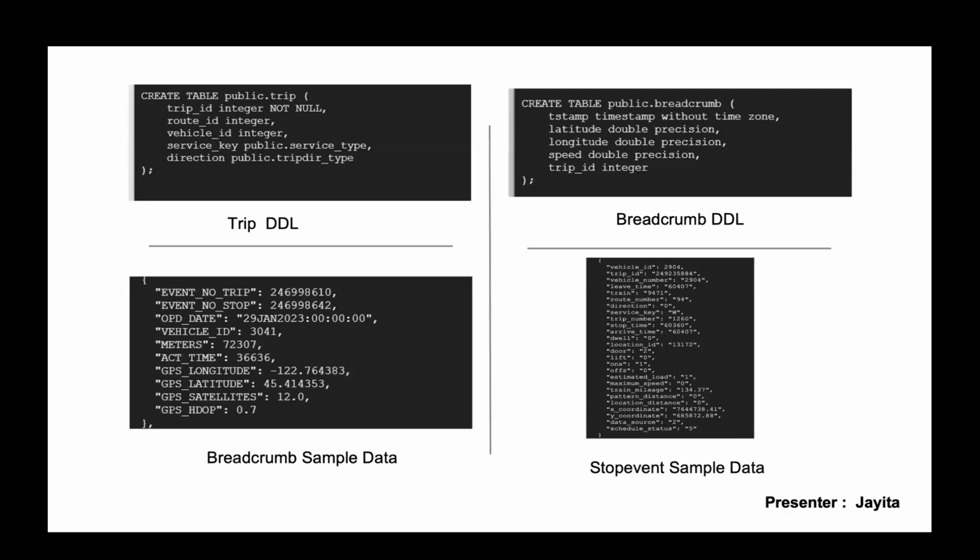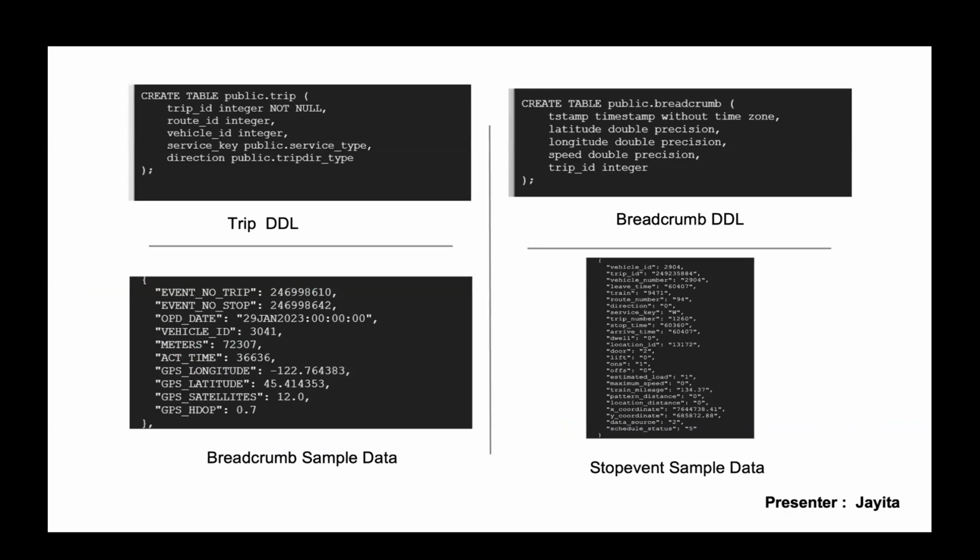In this slide, we present the structure and format of our database and the kind of data we handle. On the top left, we have the DDL for the trip table, including trip ID, vehicle ID, route ID. These fields help us track and organize data collected across different trips. On the top right, we have the DDL for the breadcrumb table. This table captures real-time location data for the buses. Below that, we have shown actual sample data.